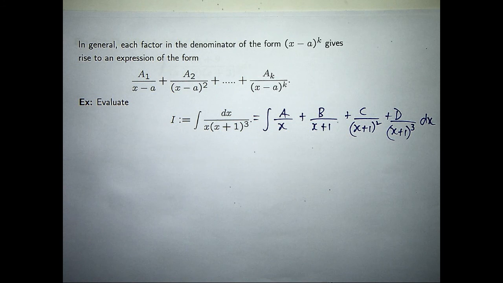So can we find big A, big B, big C, and big D? Now that looks like a lot of work, but it's not. Can anyone suggest something?